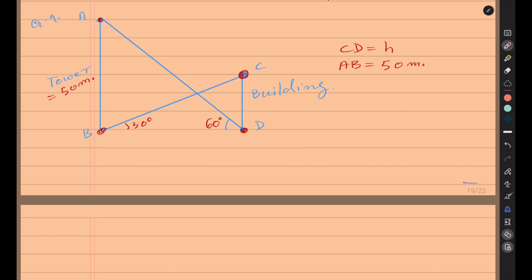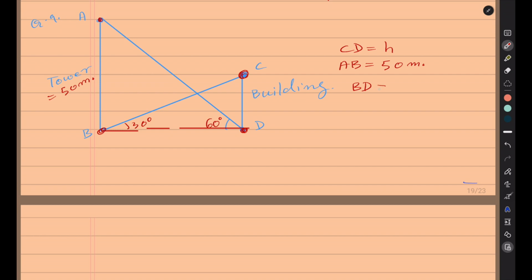Let us just do a few things here. We will join the line between points B and D. That we can always do, no issues. One more thing which we need to assume is the distance BD.